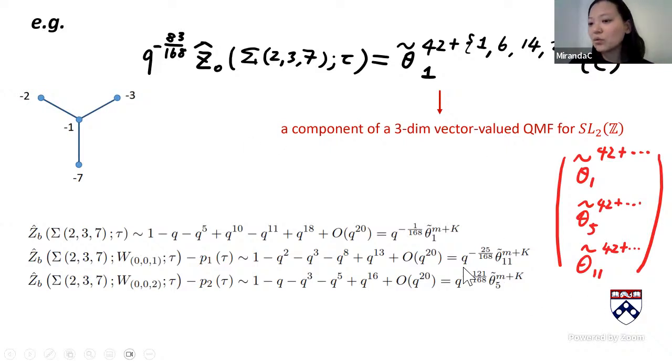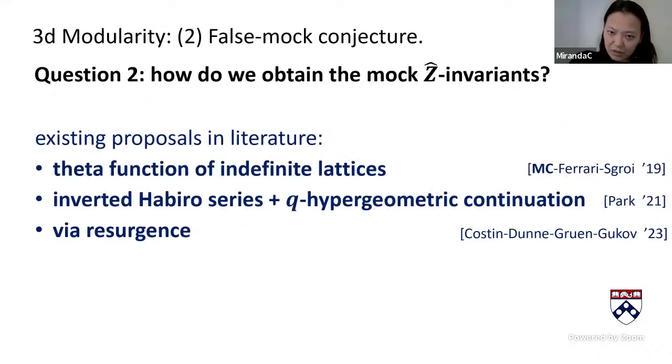And then lo and behold, you see that up to some prefactor, you indeed get all the 3 components. So you complete the SO(2,Z) representations. Okay, so that's the answer to the first question.